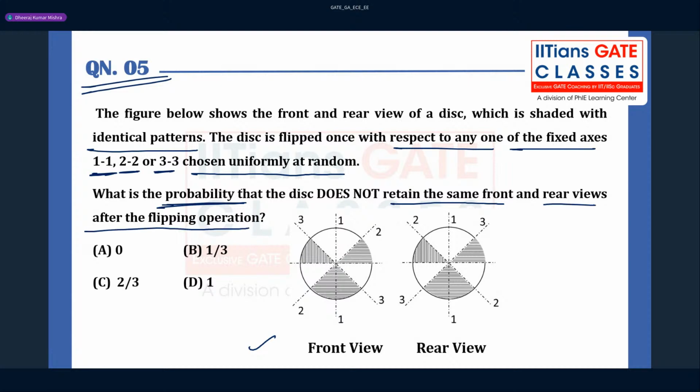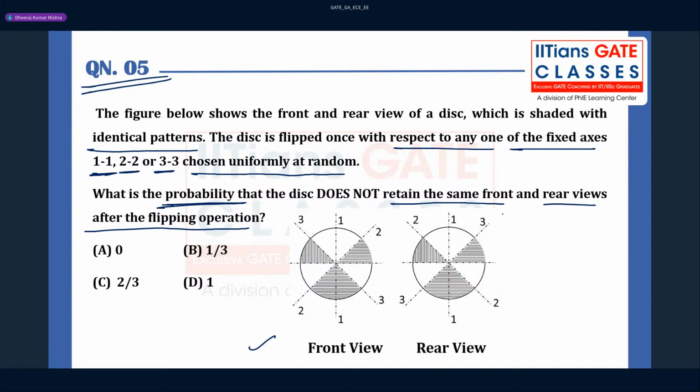Since they are asking that, you can consider that the probability that the disk does not retain the same front and rear view after the flipping operation is equal to 1 minus the probability that the disk retains the same front and rear view, and there will be only one choice, that is 1 by 3, right?